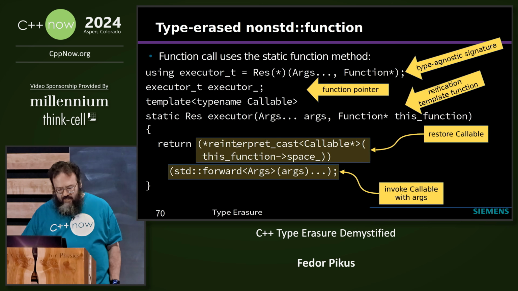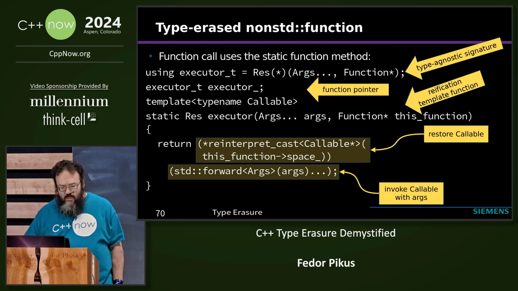What am I going to do inside? I'm going to restore or reify the type of callable. I know exactly what that is. What am I reifying? I have this function, which is actually, at the call side, simply this. This is a non-member function, so inside this non-member function, there is no this, but this is what it was.